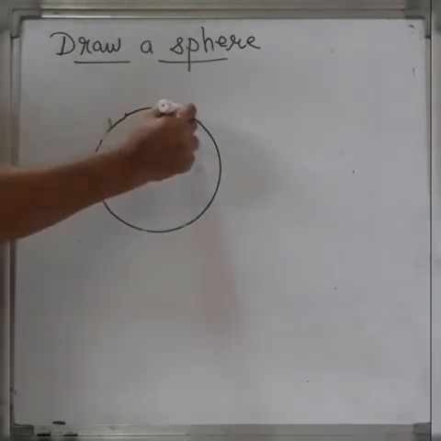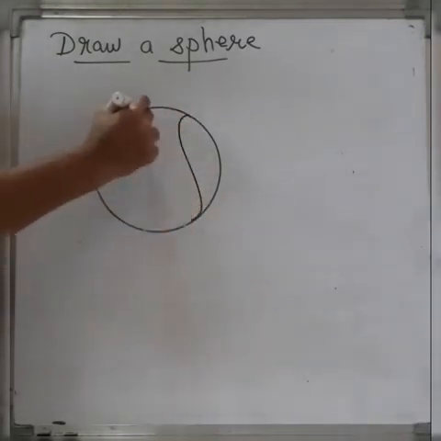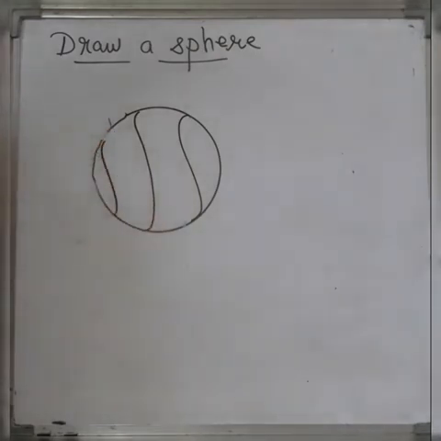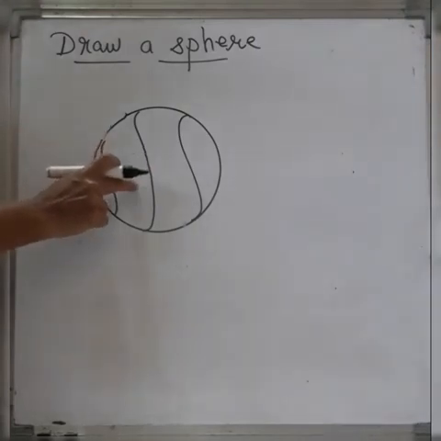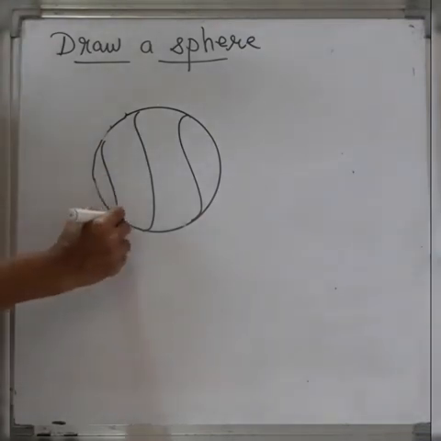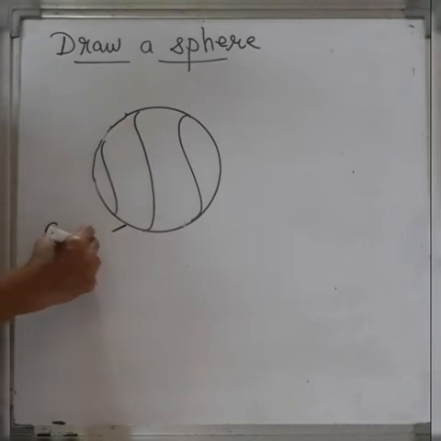Then draw some lines like this. Now you can see a sphere. Okay? It has only a curved surface.